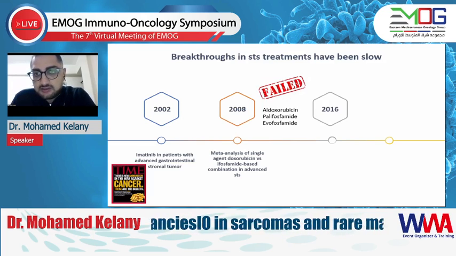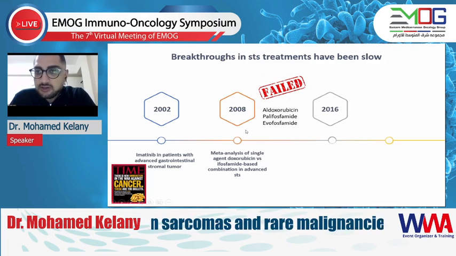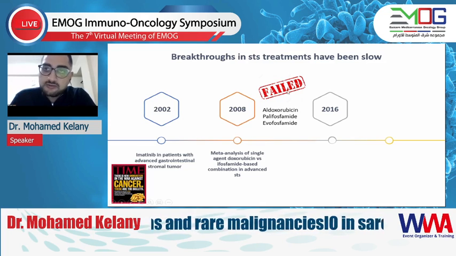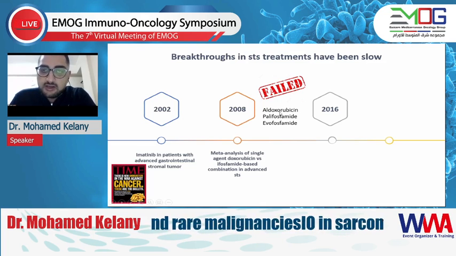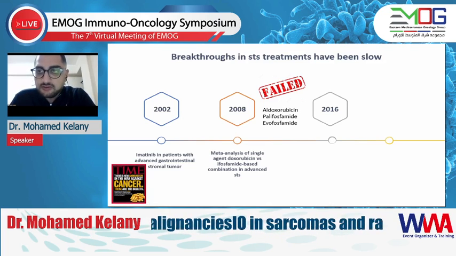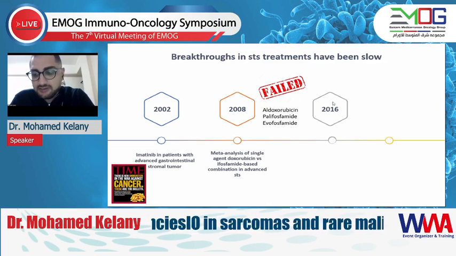From 2008 till 2016, a lot of trials tried to beat doxorubicin alone, with aldoxorubicin, palifosfamide, or ifosfamide combinations versus doxorubicin alone. All of these trials failed to show any survival benefit against single-agent doxorubicin. So single-agent doxorubicin had never been beaten till 2016.